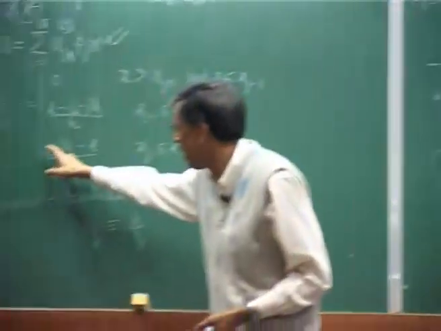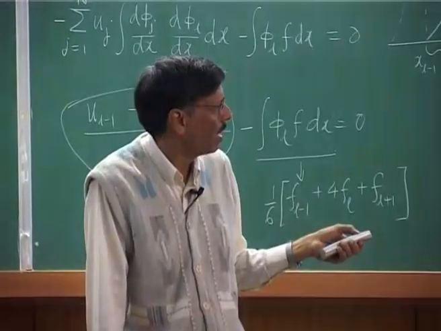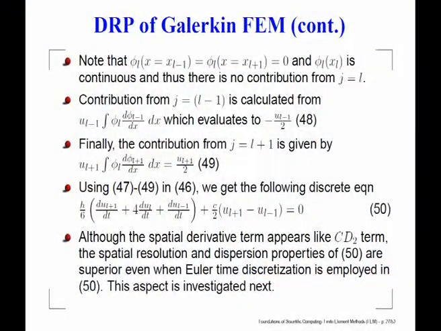Phi L minus 1 would come from this part. So, that would give you this quantity. Okay. So, I have omitted those steps, but you can do it yourself, that would work out to UL minus 1 by 2.